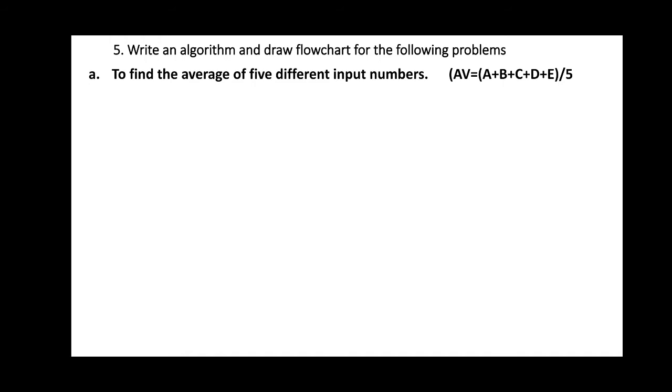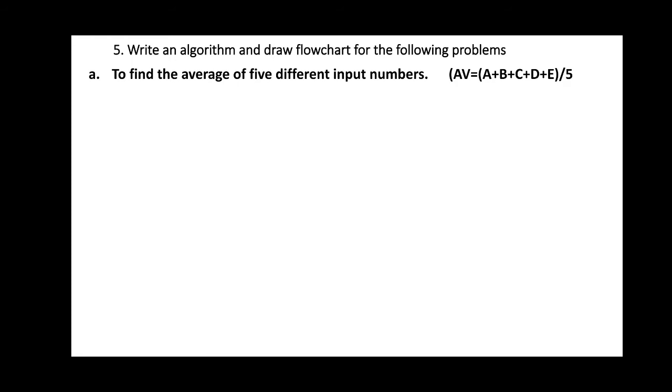Like here, if we are going to find the average of three different numbers, first we should find the sum of the three numbers and then divide by 3. Likewise, for five different numbers, first we should find the sum of those five numbers and divide by 5, because we have five different numbers.